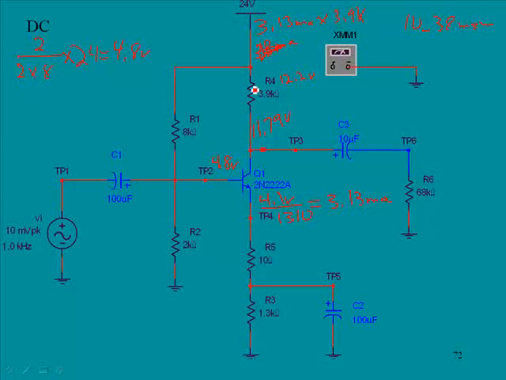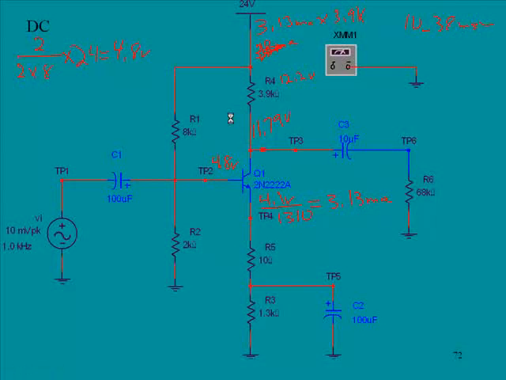That current would drop 12.2 volts DC here, and then, since we have 24 volts here, we would subtract that out, and that would leave about 11.79 volts at the collector of Q1. So that is what we would see in terms of DC.